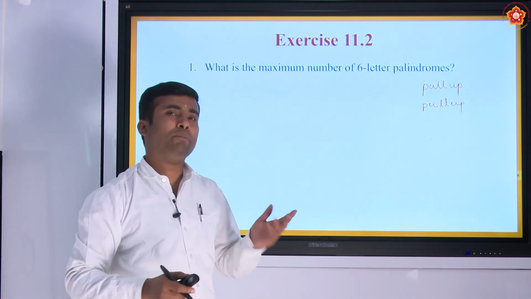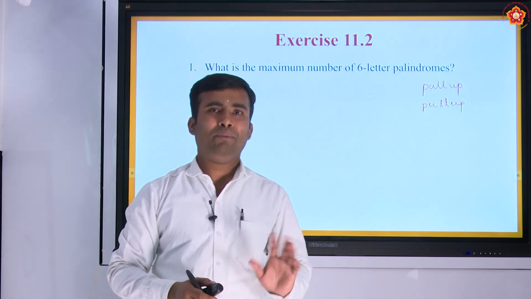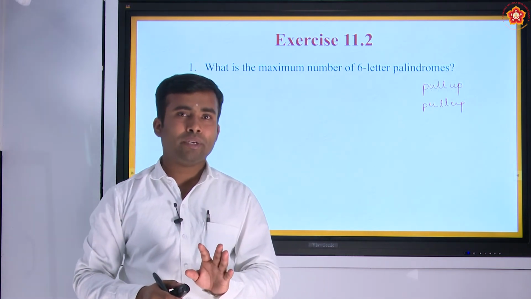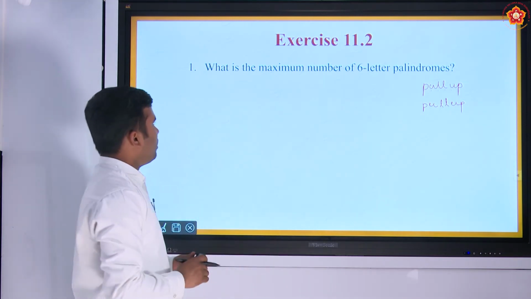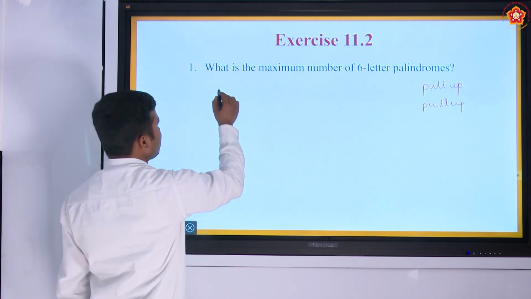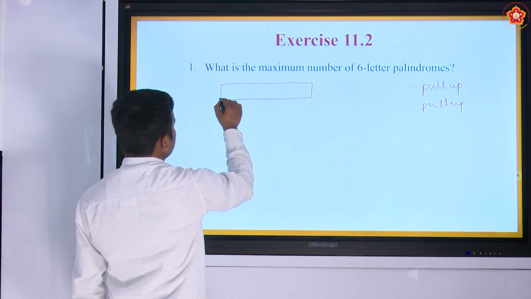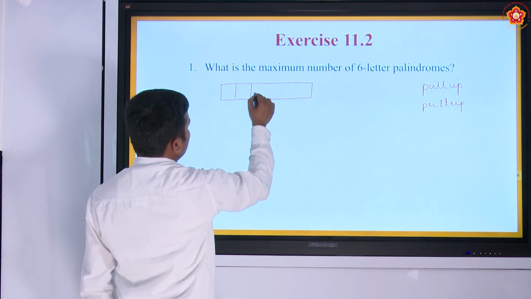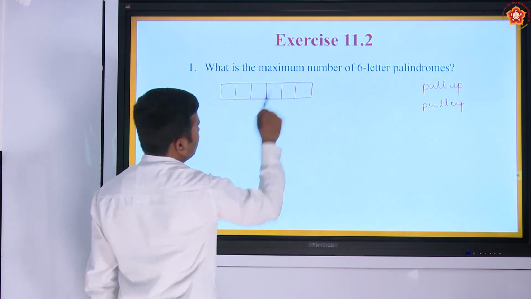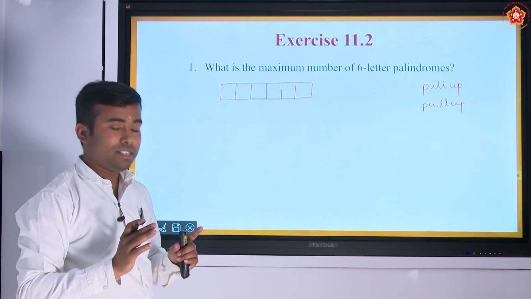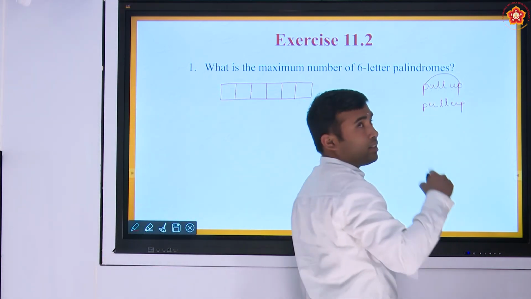There are many words like this, whether meaningful or not. So, the problem here is we need to make 6-letter palindromes using 26 alphabets. There are 6 vacancies, 1, 2, 3, 4, 5, 6. Whatever letter is used is repeated on the other side.